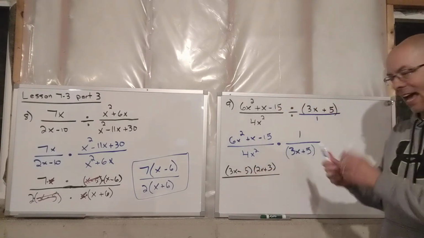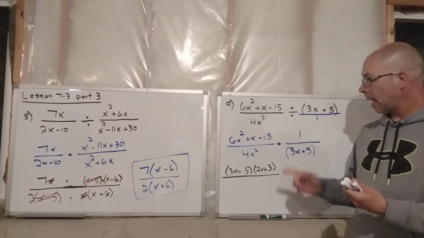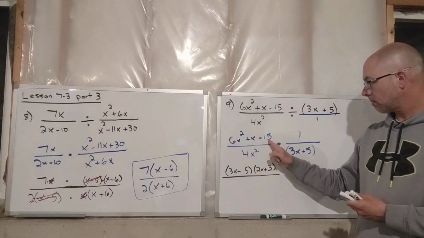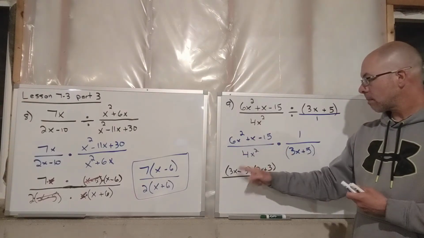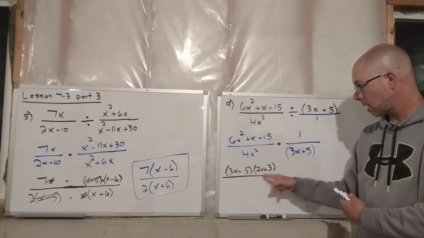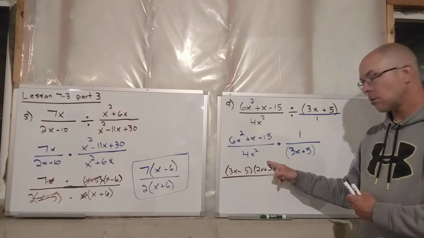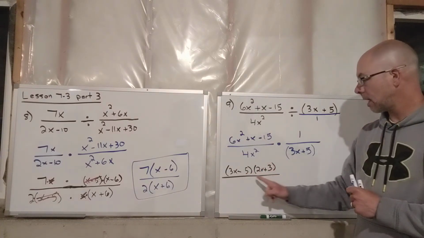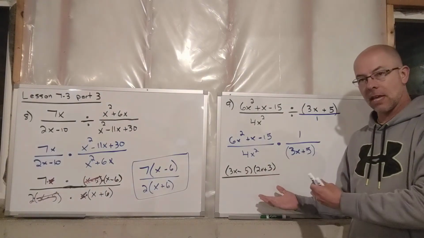If I check that, now remember, I know that 3x times 2x is 6x squared. I also know that negative 5 times 3 is negative 15, but what about this? That's a 1x. So I have to make sure of the rest of the distributive property. I only checked the 3x and the 2x and the negative 5 and the 3. What about 3x times 3? That's positive 9x. Minus 5 times 2, that's negative 10x.